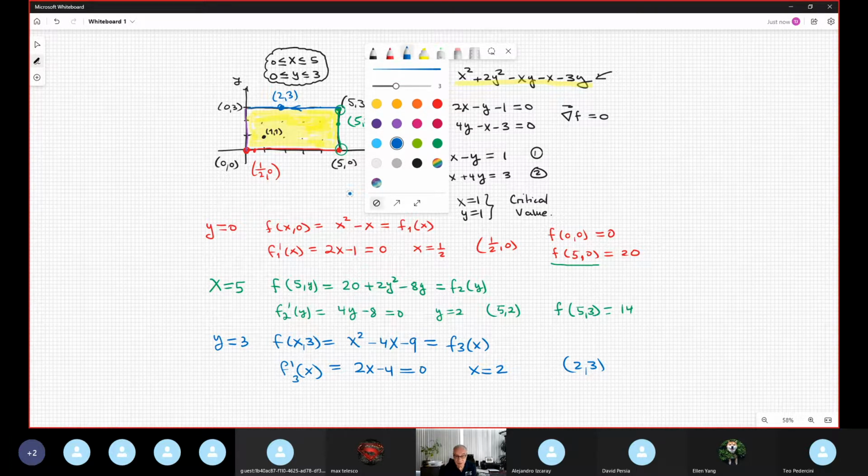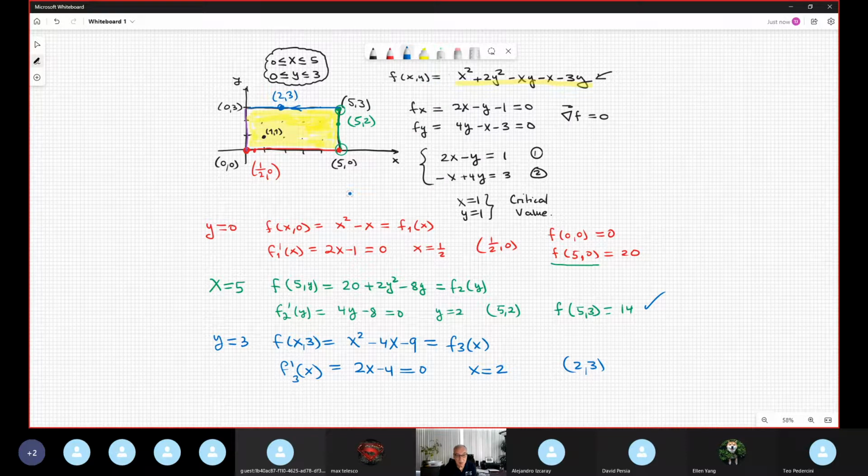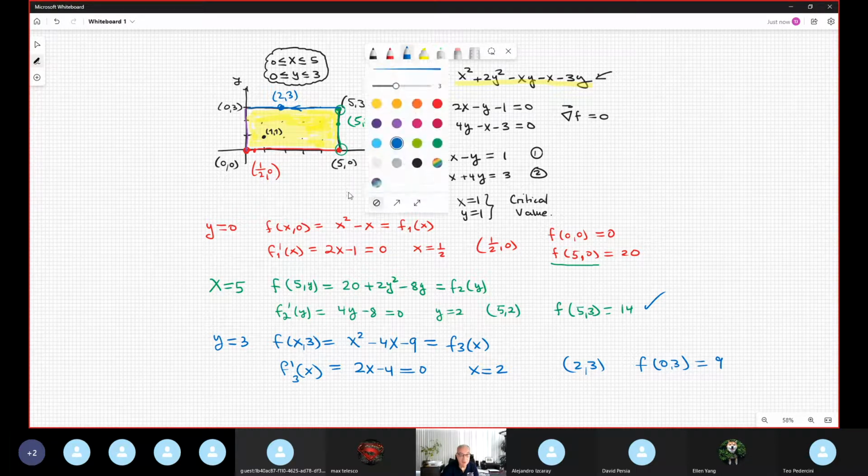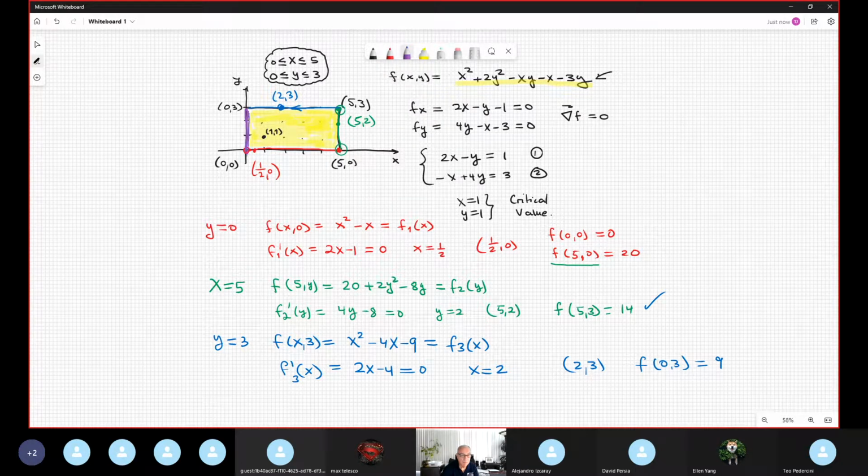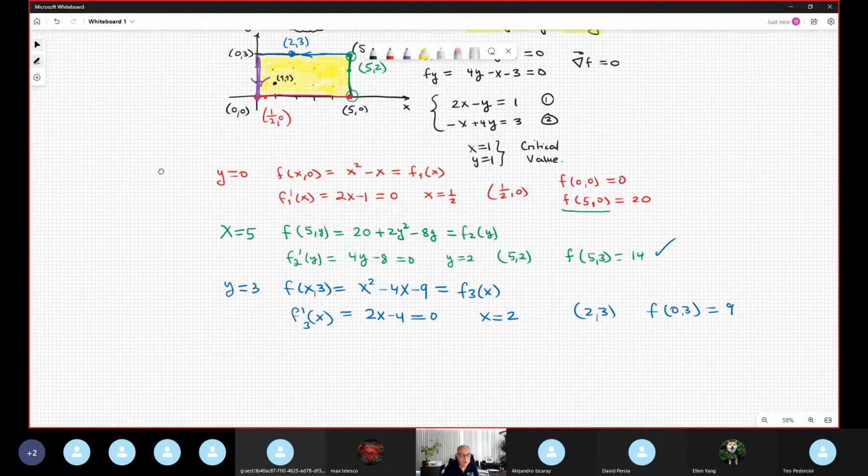Well, I did that in the green part, but I need to do this in the blue part, 0,3. 0,3, the function is 9. You plug in 0 for x and 3 for y. Okay, let's move on to the last segment. Purple color. And this direction, well, now it doesn't matter the direction.